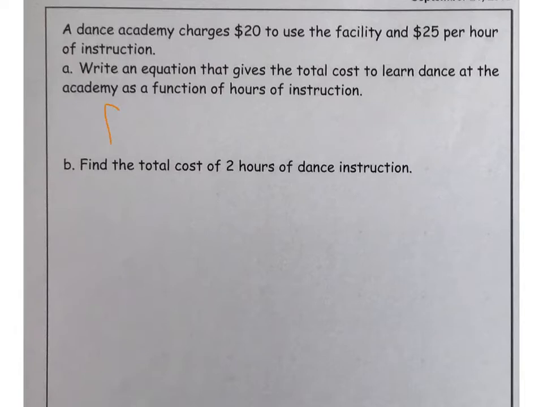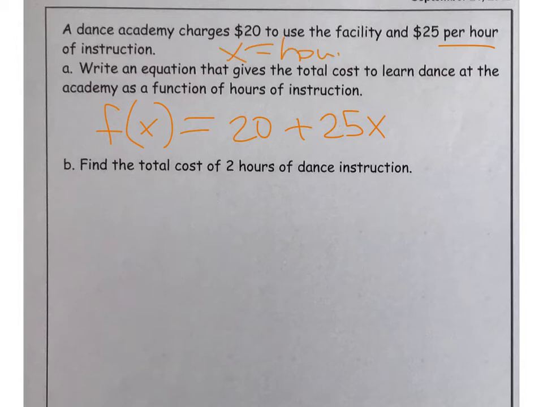It's going to be f of x is equal to, so that's going to be the cost is equal to $20 to start with, plus 25 times x, because it's per hour. And there x is going to be the hours, and f of x is the cost.